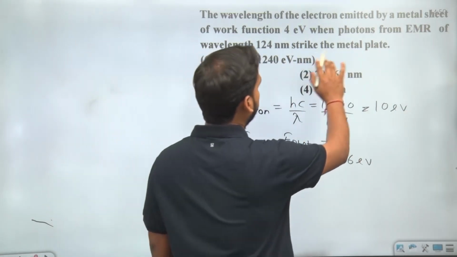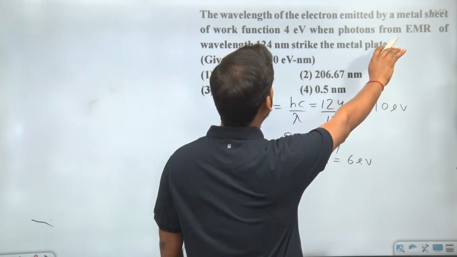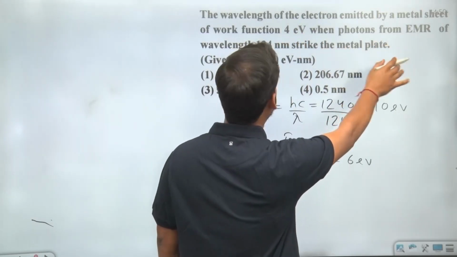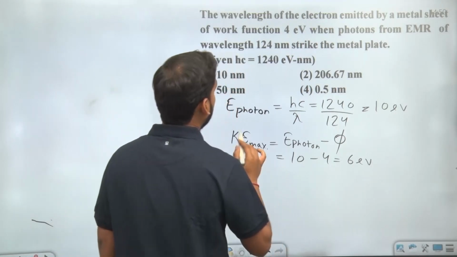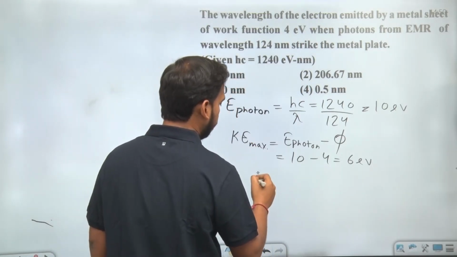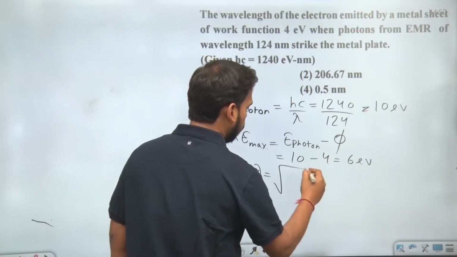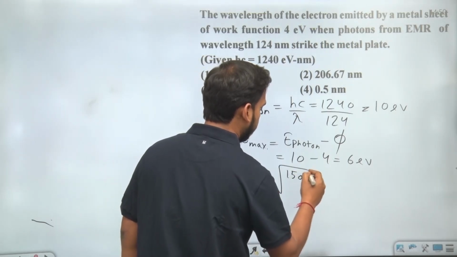Then we have to calculate the wavelength of the electron emitted by a metal sheet of the given work function when photons from EMR of wavelength 124 nanometer strike the metal plate. In order to calculate the wavelength, lambda is equal to the square root of 150 divided by its kinetic energy.